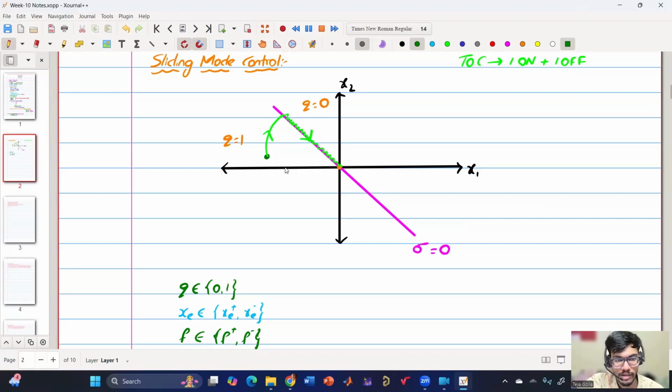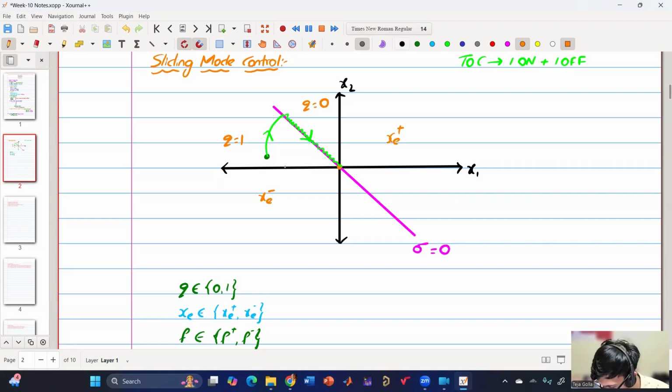So we can say xc plus is on this side and xc minus is on this side, one stable and one unstable. During q equals 1, it will try to go to xc plus, and then that will push back to xc minus. So there will be this switching operation, and we have to use it to make sure the trajectory flows along the surface sigma equals 0.